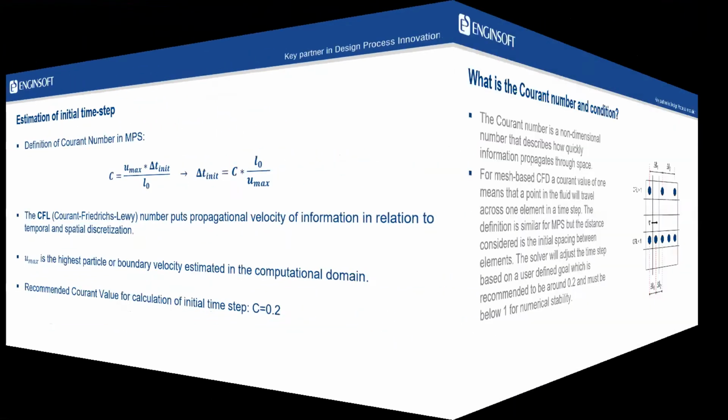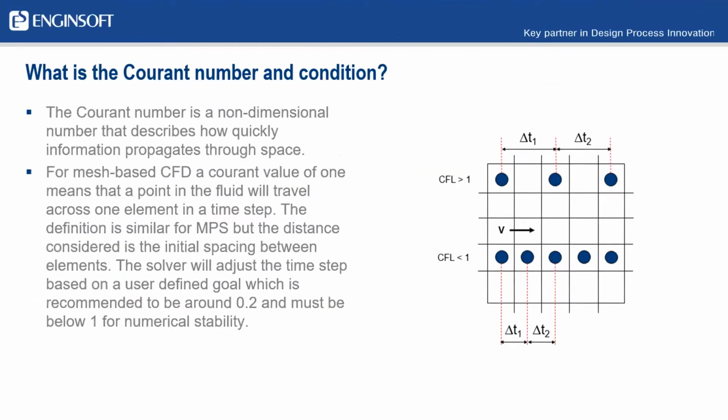The Courant number is just a non-dimensional number that describes how quickly information propagates through space. I made a small diagram to the right, and this to me does a really good job of explaining why this is so important. If our time step is too large, then we allow information to travel too quickly through space.